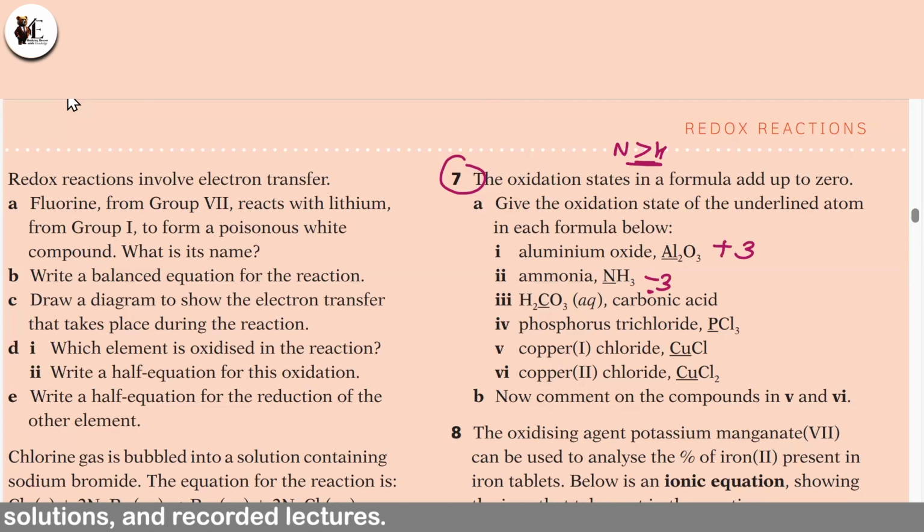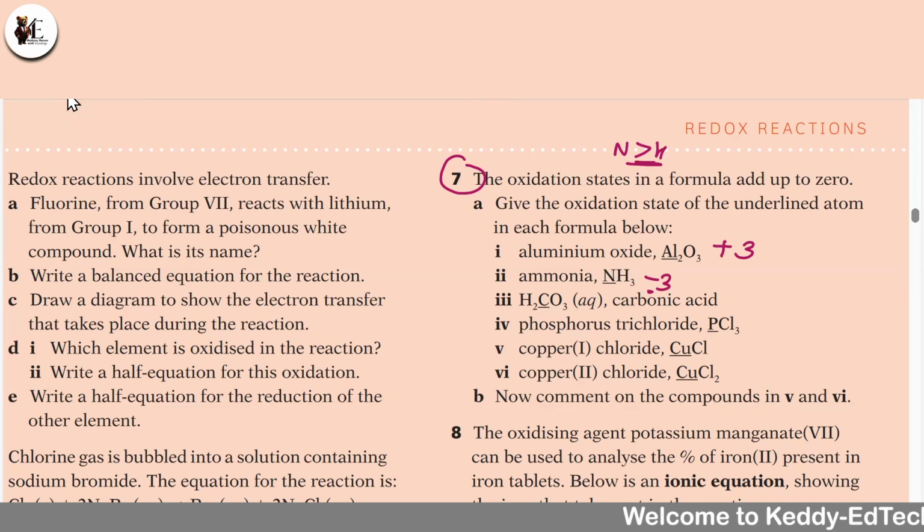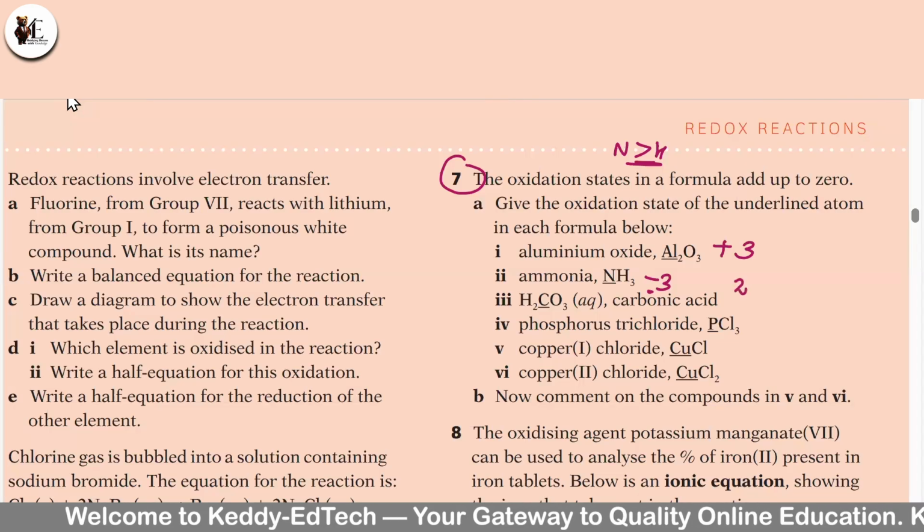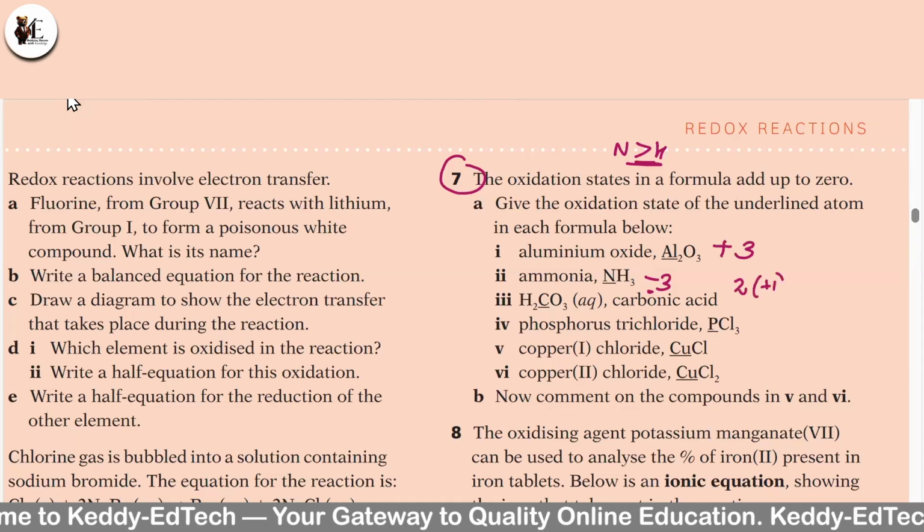Of carbon in carbonic acid? It's +3. Let us solve it. 2 for hydrogen, and +1 is the oxidation state of hydrogen.